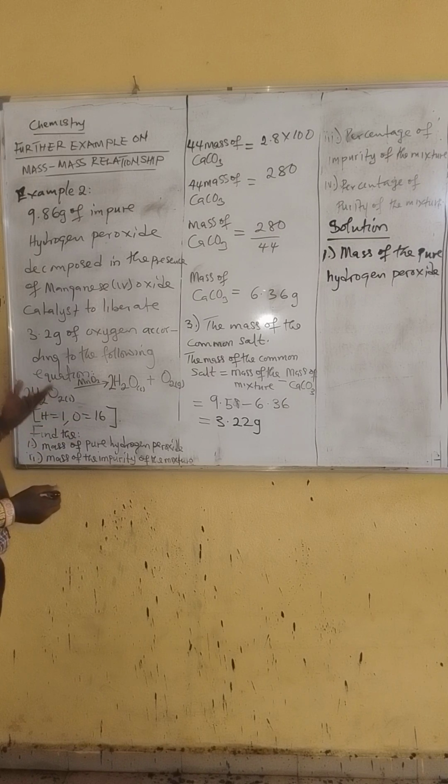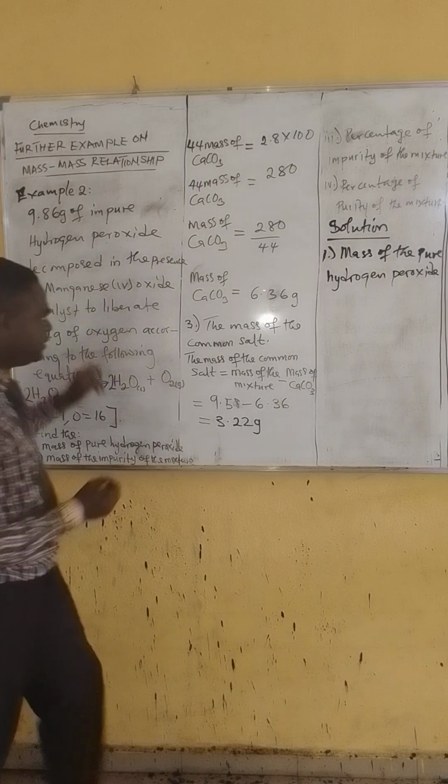So when you know that, it is a mass to mass relationship, because you are given mass and you are asked to find mass. So we develop our formula here. This one that is given is the mass of oxygen.